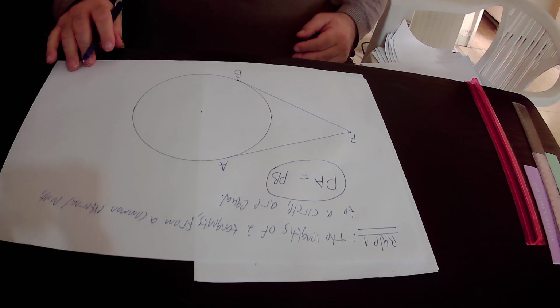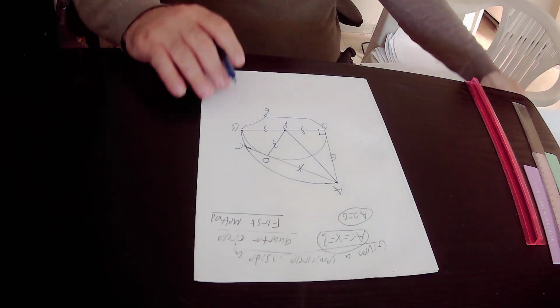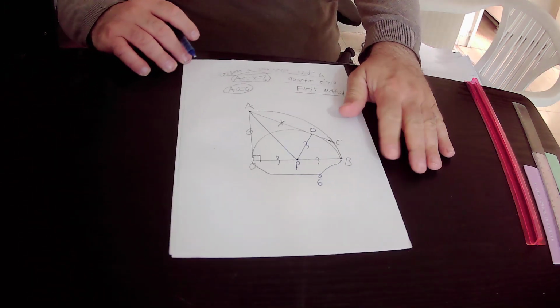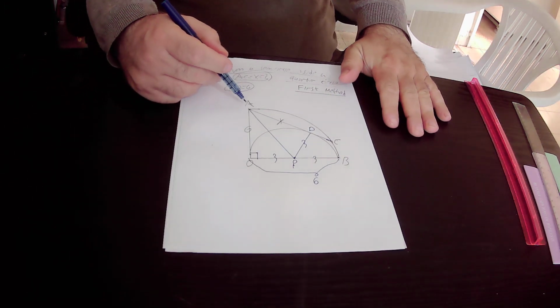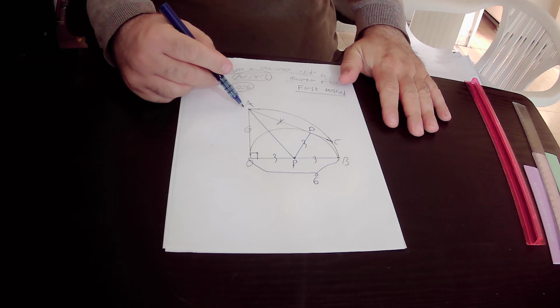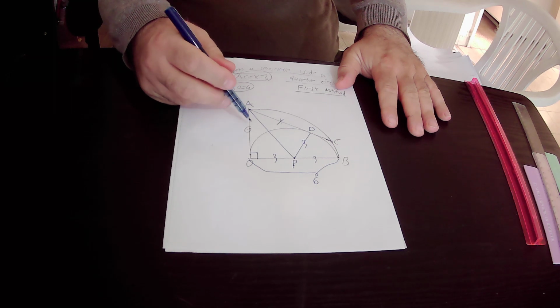So we can actually implement rule number 1 in our drawing, because in our drawing we have a common external point, point A, and from this common external point we have two tangents to this semicircle.